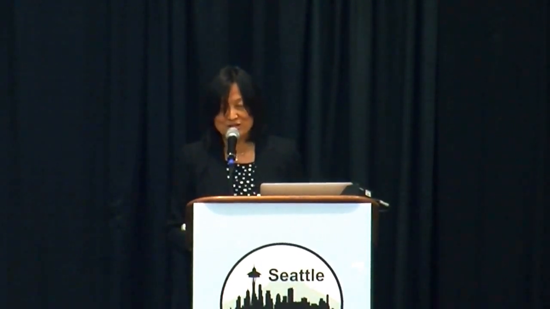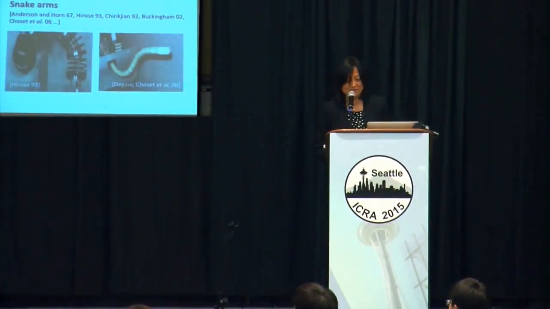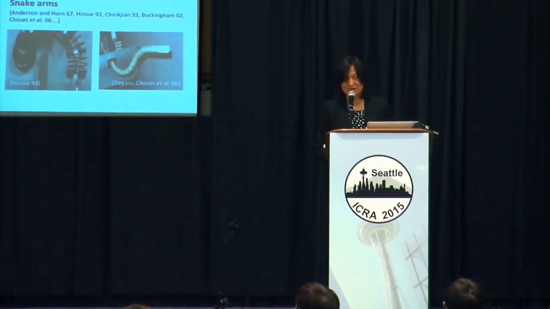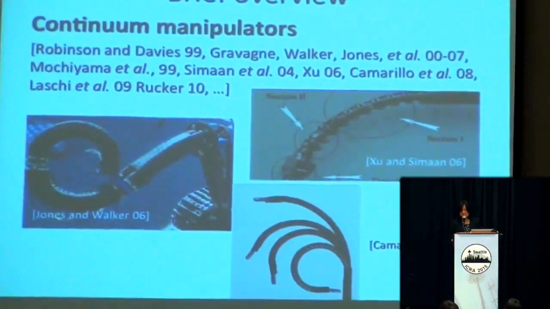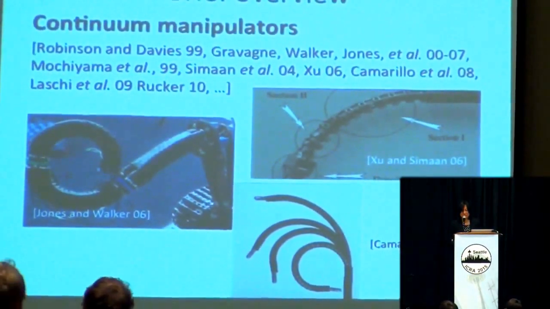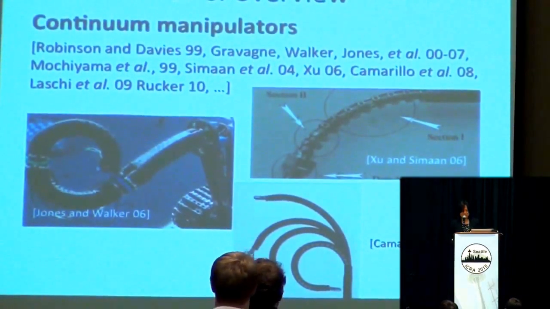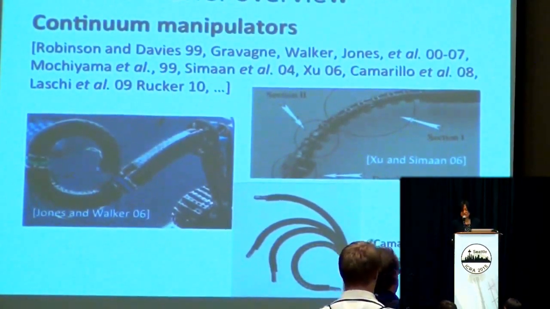The history of continuum manipulators can be traced back to the design by Anderson and Horn and Hirose on tendon-driven arms. As Chirikjian's work pointed out, the hyper-redundant manipulators, like snake robots shown here, actually approximate a continuous backbone structure. Since the 1990s, there has been a lot more development in the hardware and kinematics, dynamics, and control of continuum manipulators.